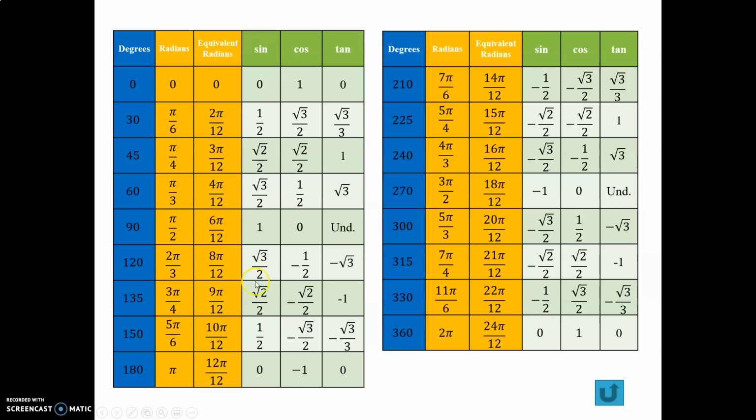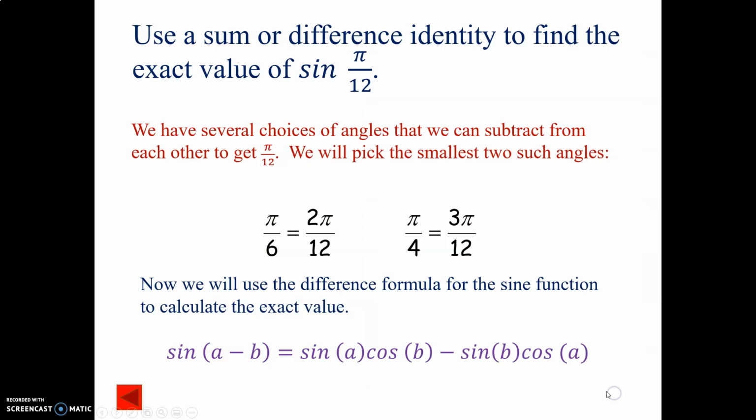So if I chose these two, 8 pi over 12 and 9 pi over 12, 9 pi minus 8 pi will give us the 1 pi, the 1 pi over 12. Or I could have used these two. No matter what two I would have chosen, in the end I will have the exact same answer. So I've just chosen the two smallest values, the 2 pi over 12 and the 3 pi over 12.